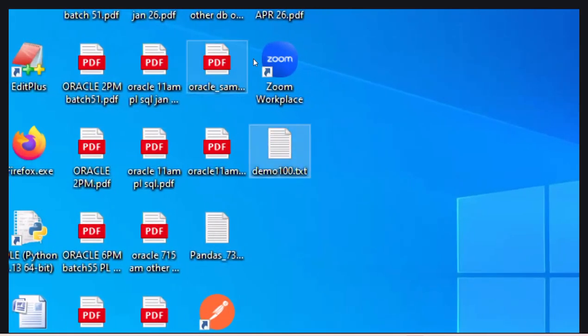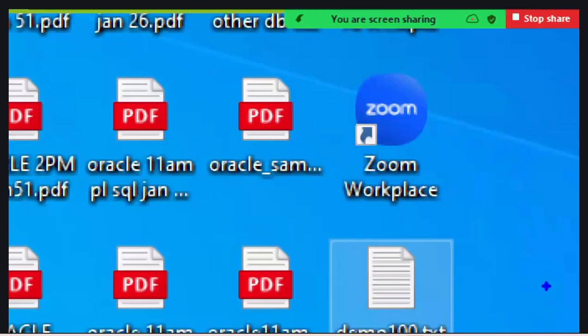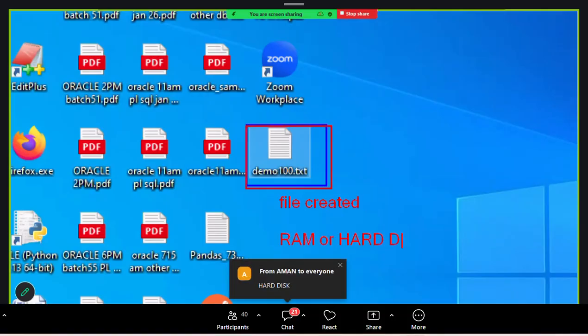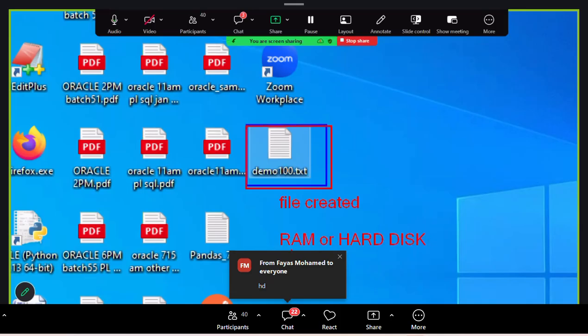File created. Now you tell me, sir, where was this file created, in the RAM or in the hard disk?